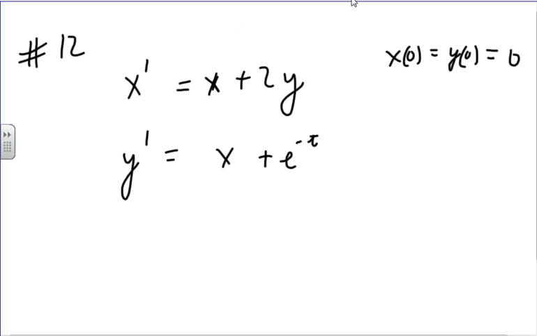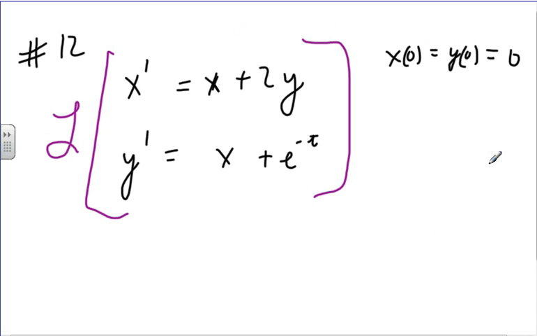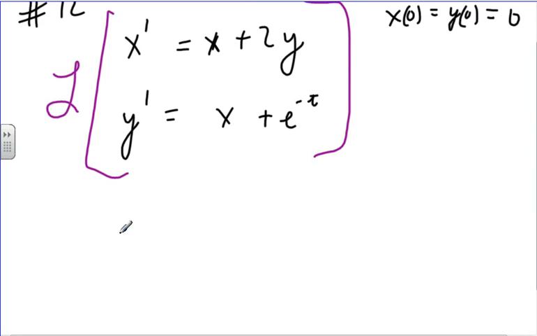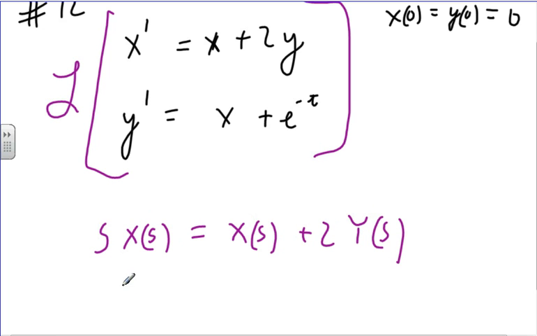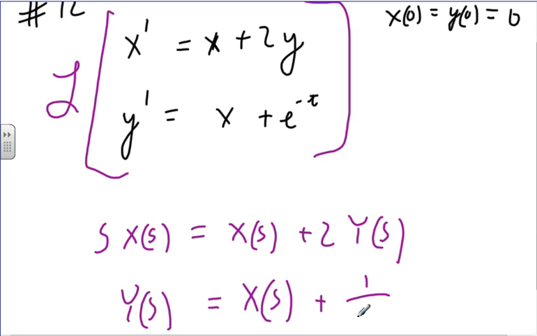Okay, well, what do we know? All we know is how to take the Laplace transform, so we might as well do that. So I've got s x of s is equal to x of s plus 2y of s, and then I've got y of s is equal to x of s plus 1 over s plus 1. This is from number 7.